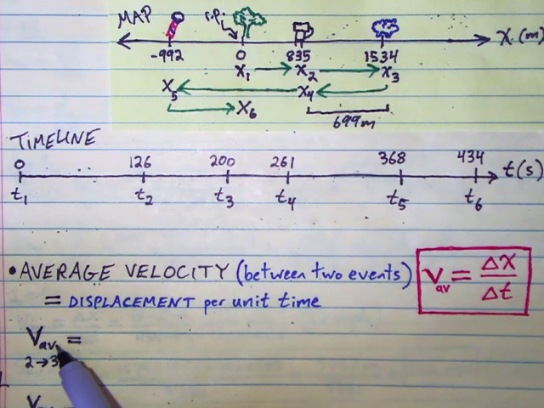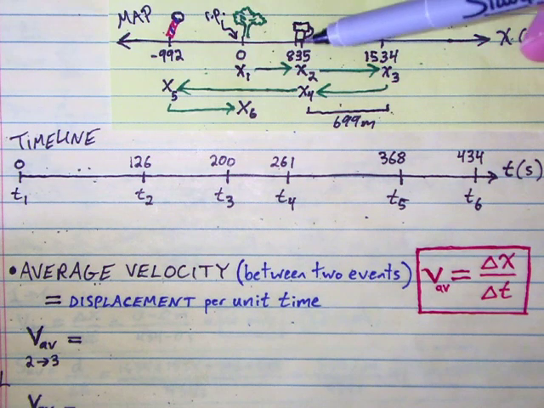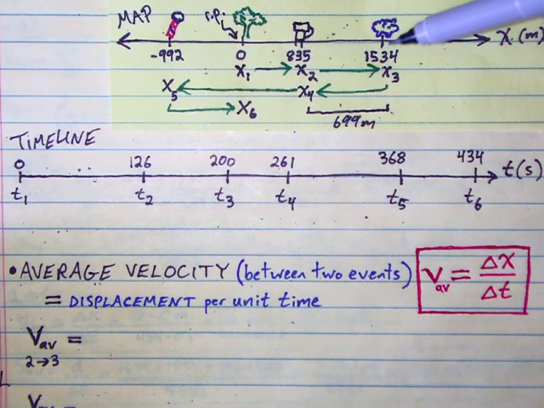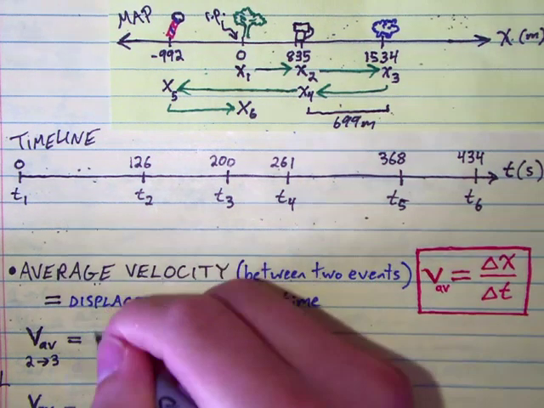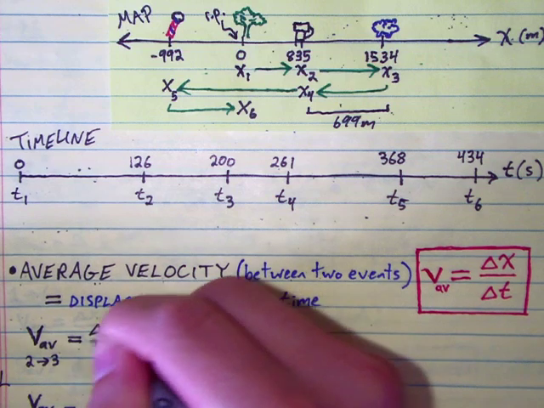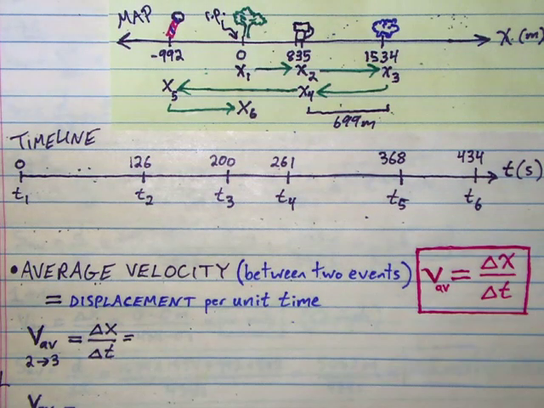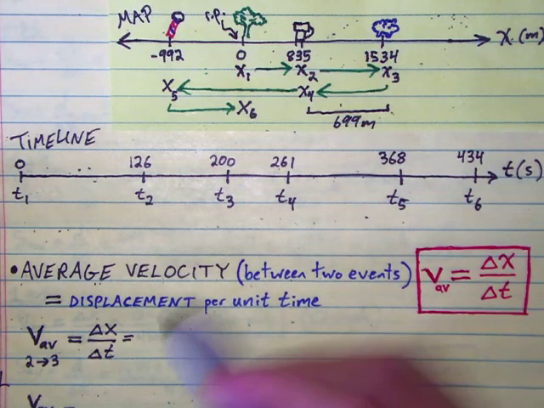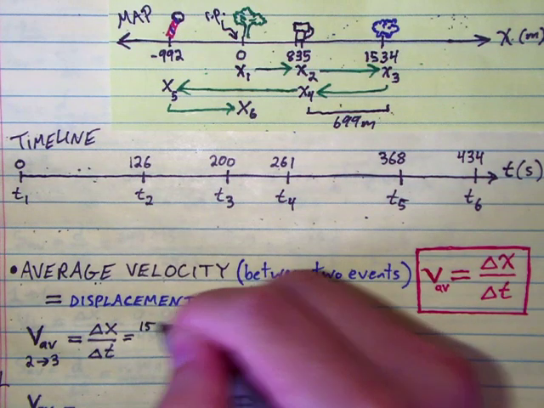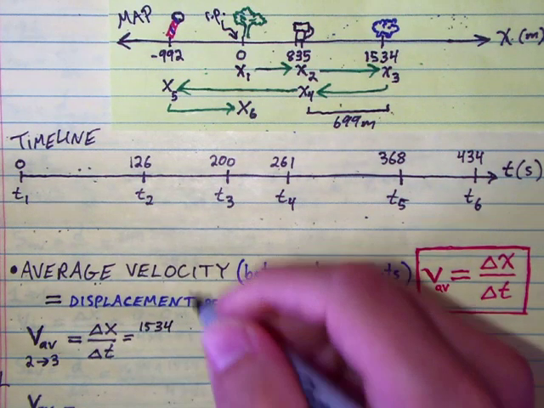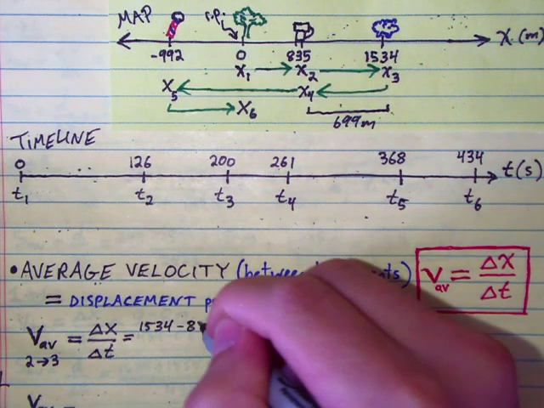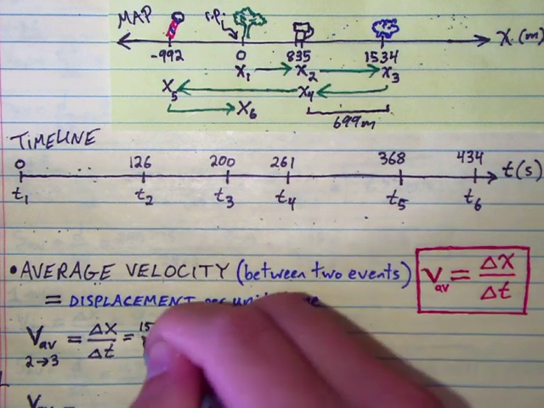His average velocity between events 2 and 3, arriving at the gas station and then immediately departing, arriving at the petting zoo. Average velocity definition is delta x over delta t, displacement over time. His change in position, well, his final position was at 1534 meters, minus initial position, 835 meters.